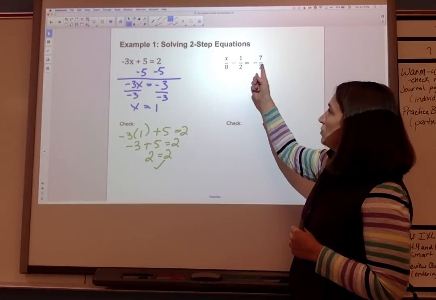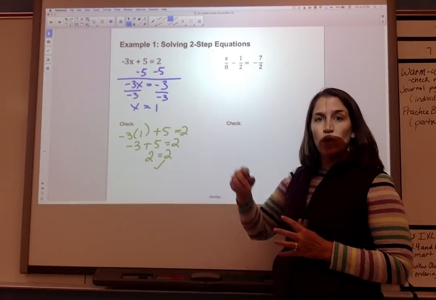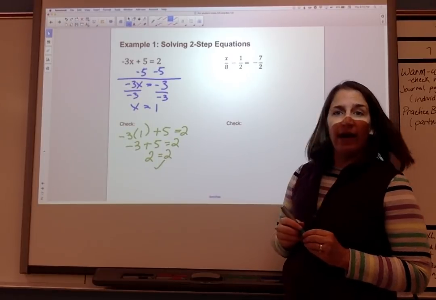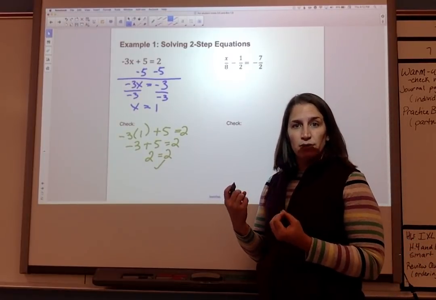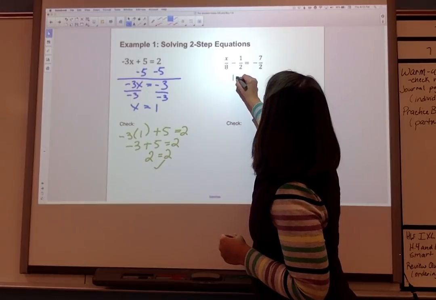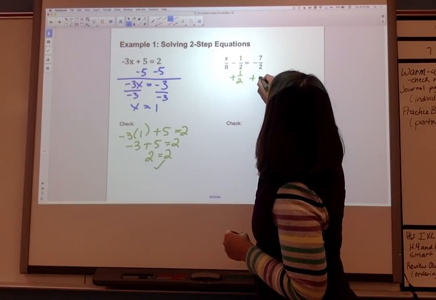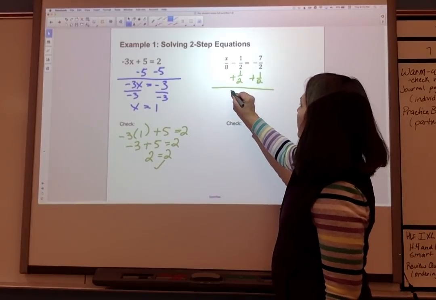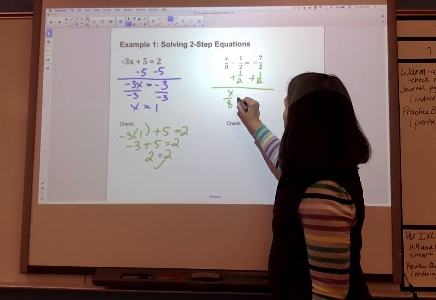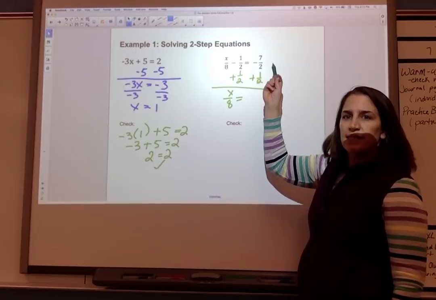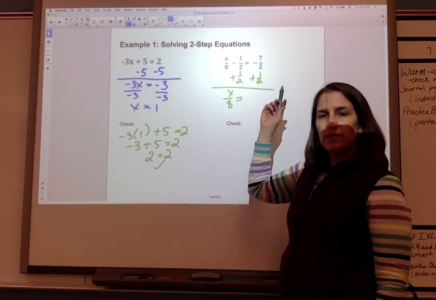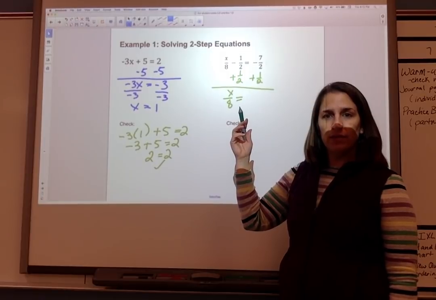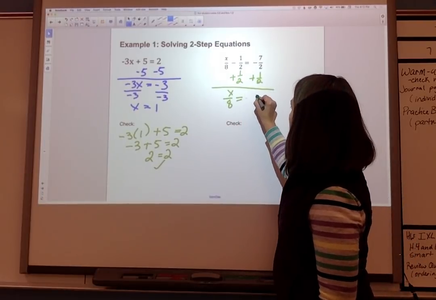Again, we have two constant terms and one term that contains x. So let's add 1/2 to both sides to combine our like terms of constants. That leaves us with x over 8 equals, let's think, negative 7/2 plus 1/2 is negative 6/2, which is negative 3.